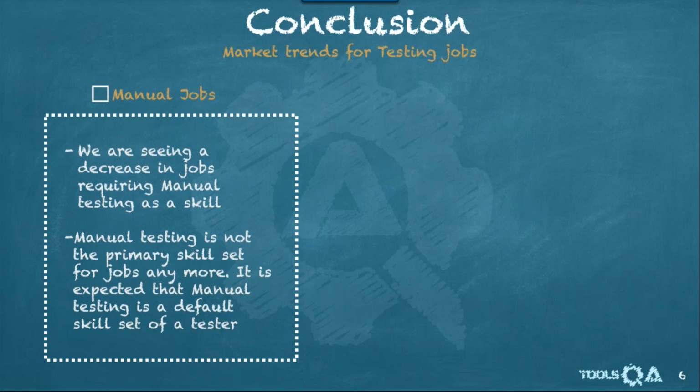So manual testing has moved from a primary skill set to the default skill set of a tester. You have to be a manual tester, so manual testing is the base requirement, and above this you have to know automation testing also. As a trend, we can see that manual testing is on a decline.